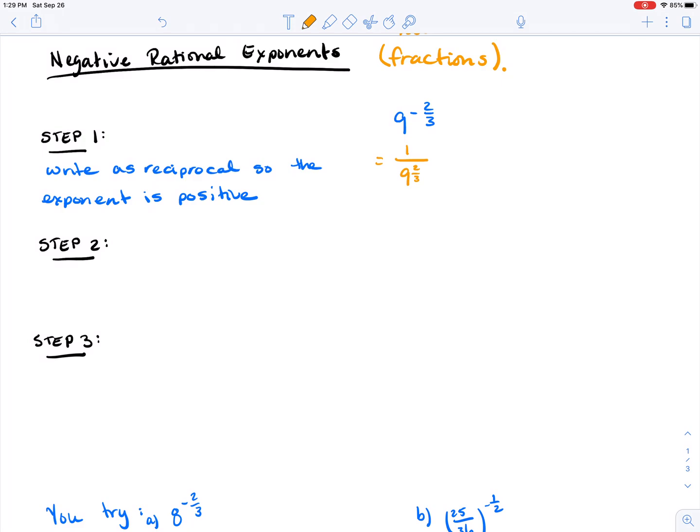And I know that that equals 9 to the 2/3. If I take 9 squared, that's 81 to the 1/3. And I know that 81 to the 1/3 can be written as the cubed root of 81. And remember, it's on the denominator of the fraction.